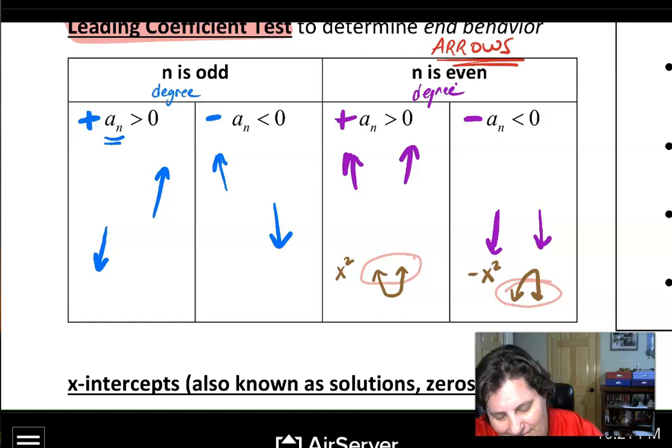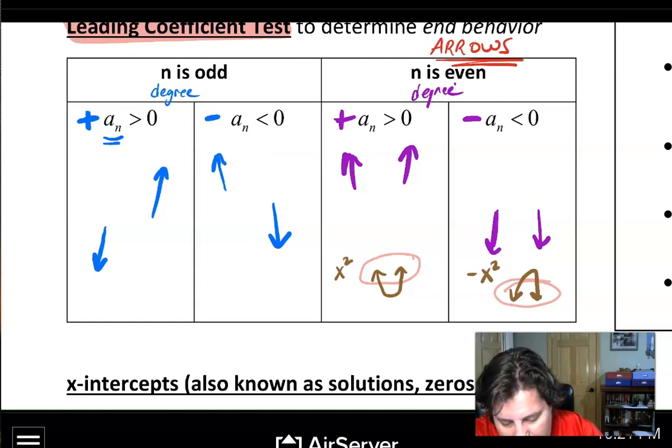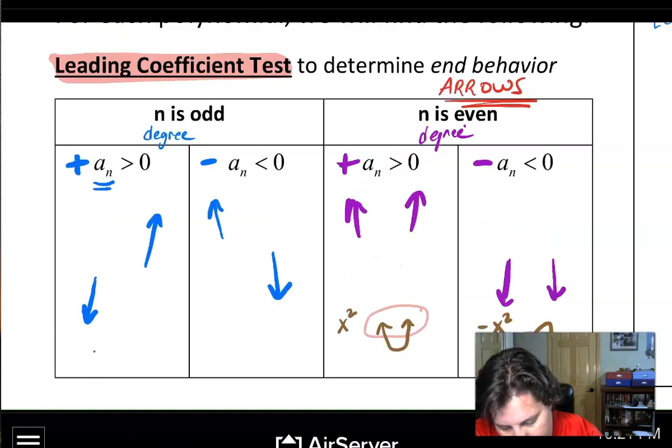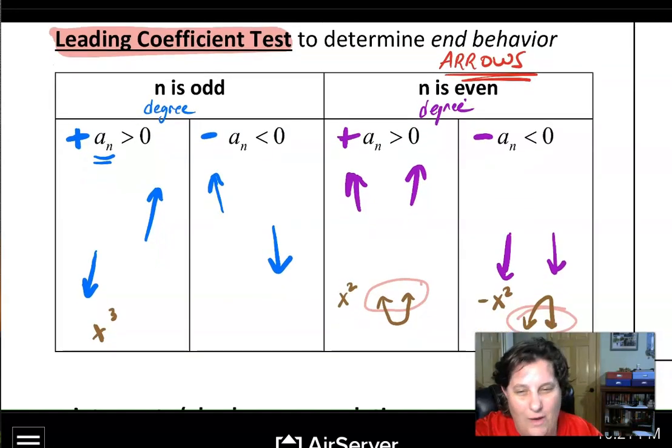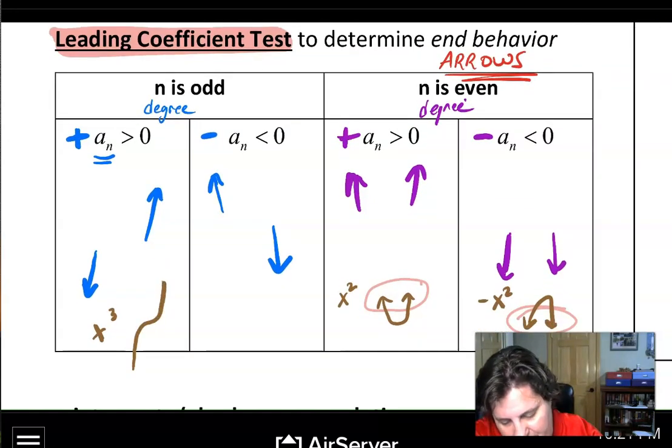The other one over here is a little harder for me to remember, but you know which one I think of that's odd? I mean, you could do x, but the one I always think of is x to the third, okay? And I know x to the third, that's a cubic. I know it goes like that. That's one of the ones we usually memorize.